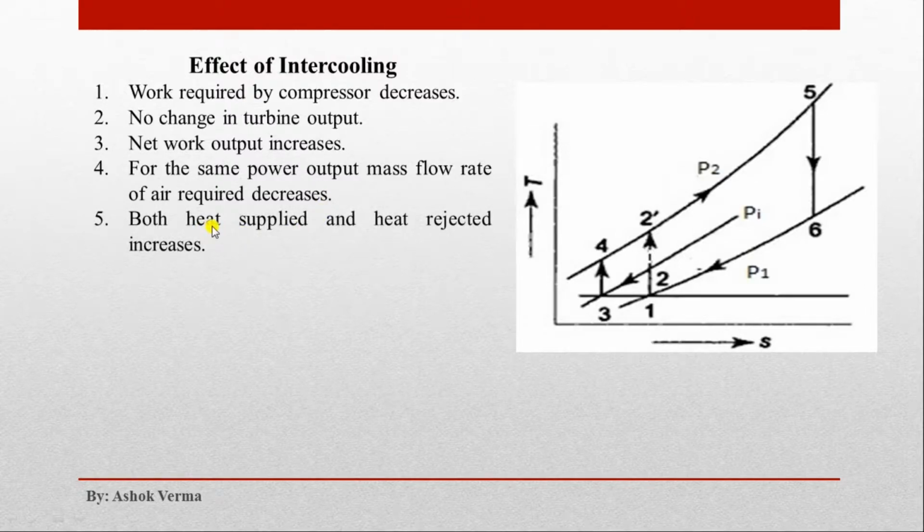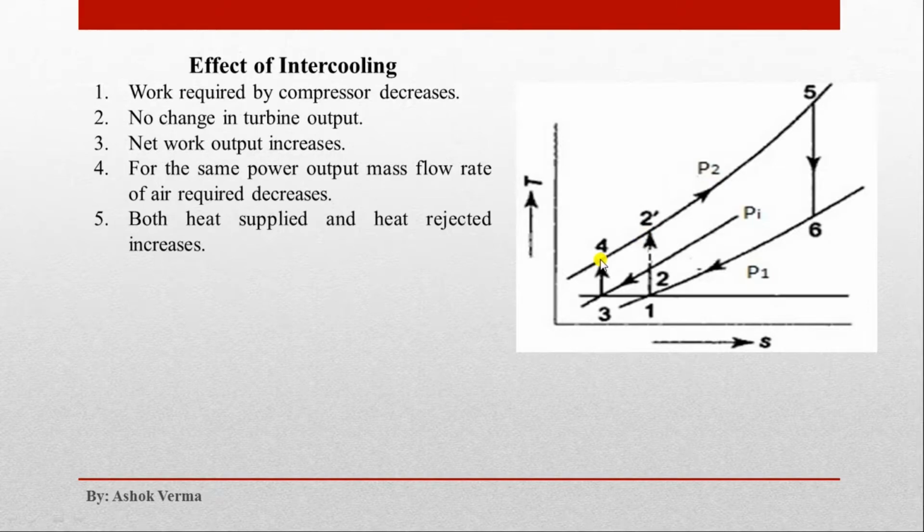Both heat supply and heat reject increase. Since you are using the intercooling, with intercooling you are getting the final point 4. But if you compress the air from P1 to P2 by this process in single stage, then your final point will be 2 dash.